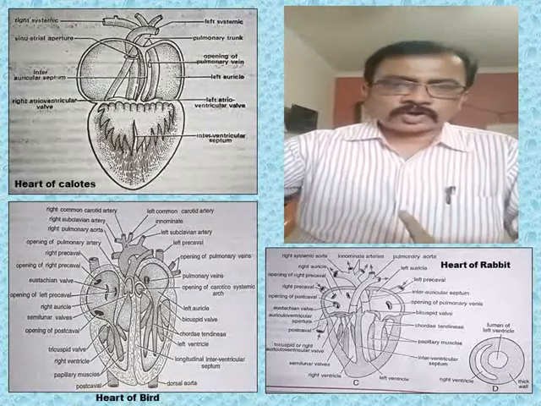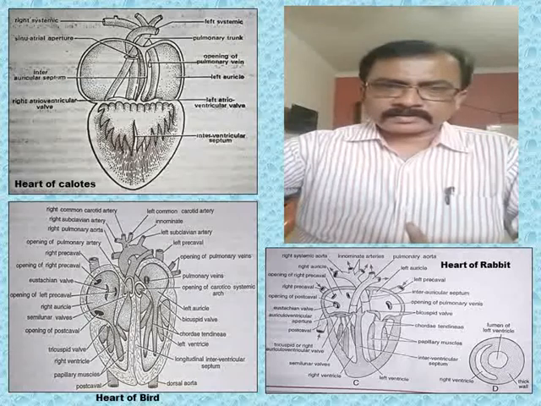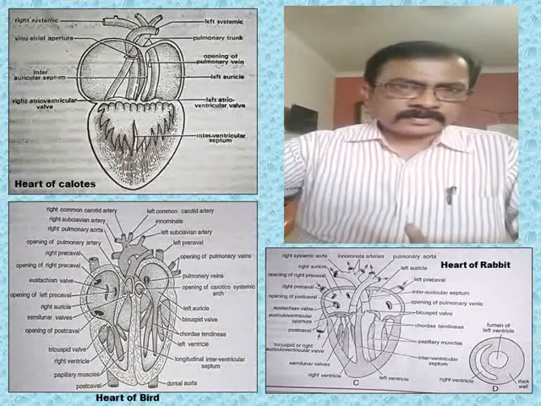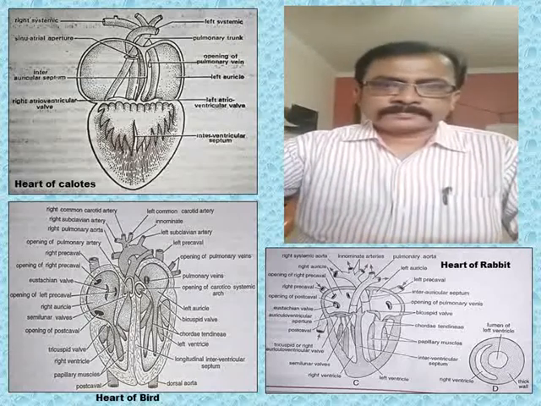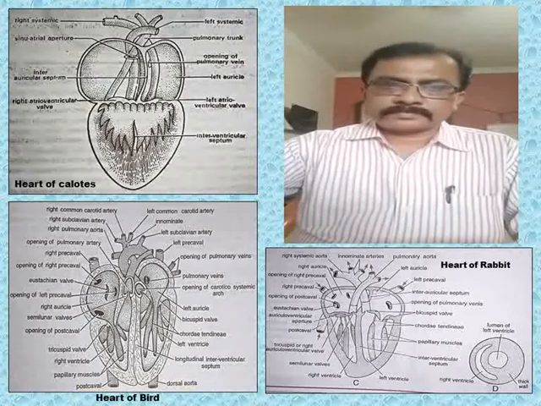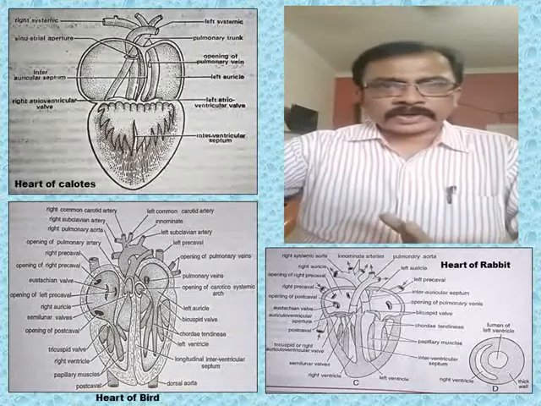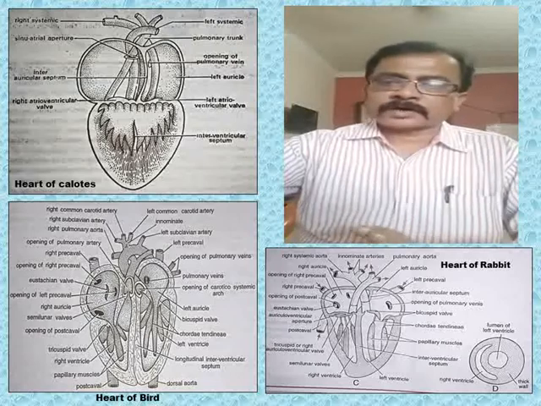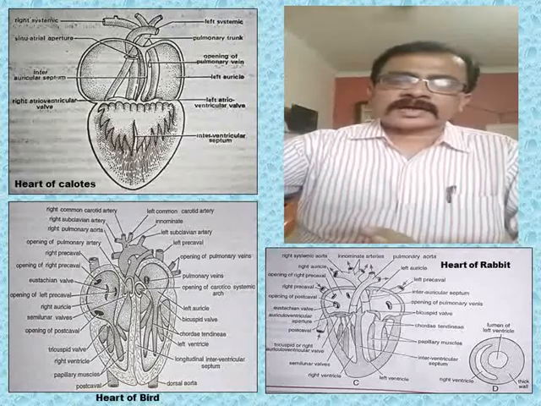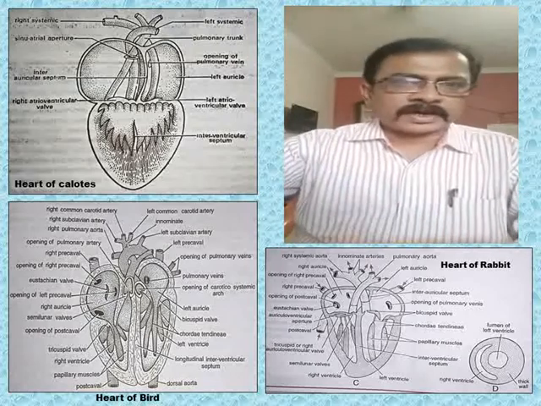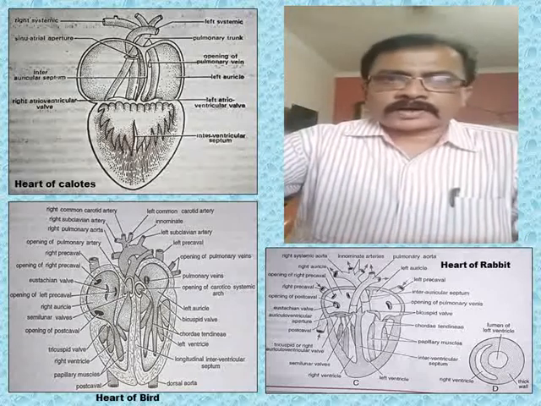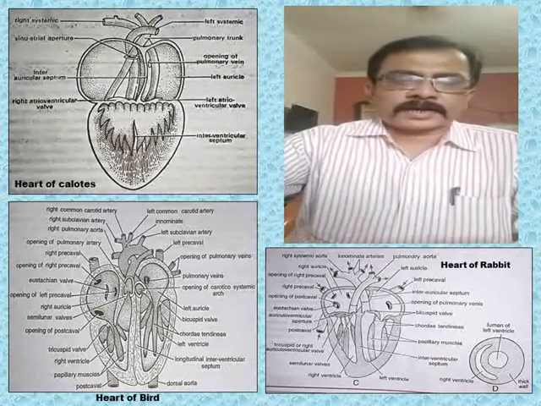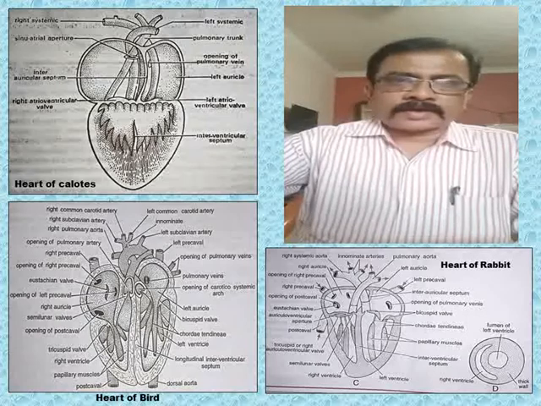And in rabbit, heart is protected or covered by two-layered transparent membranous pericardium.